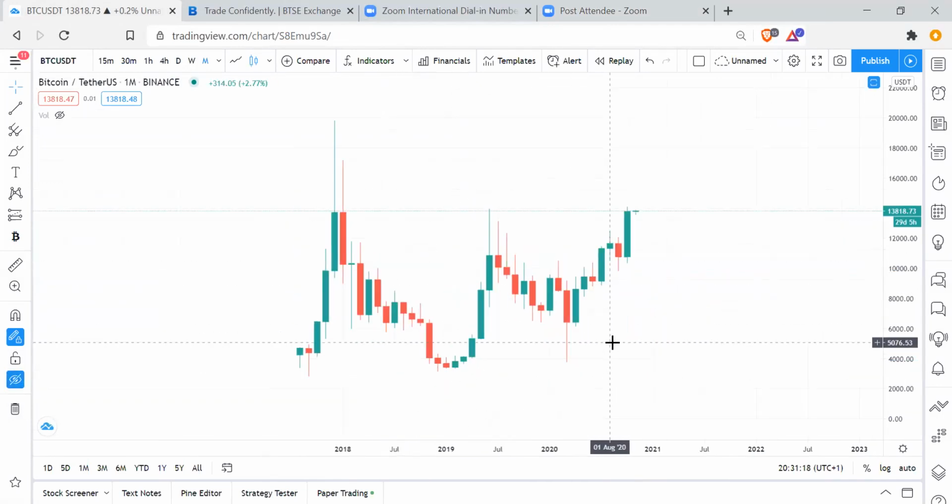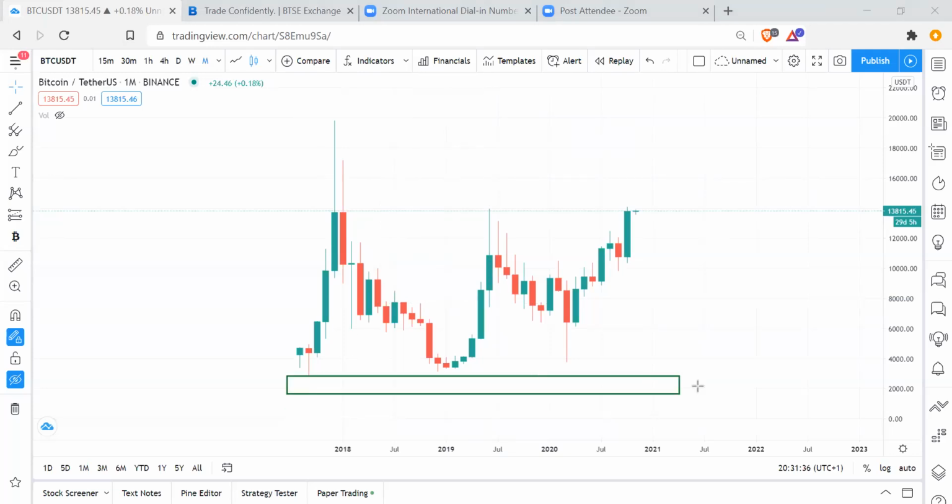Now, let's identify highs and lows. So, the lowest point on the chart would be the low. Okay, so we have the lowest point on the chart being here. If we draw, you see that nothing else has come this low.